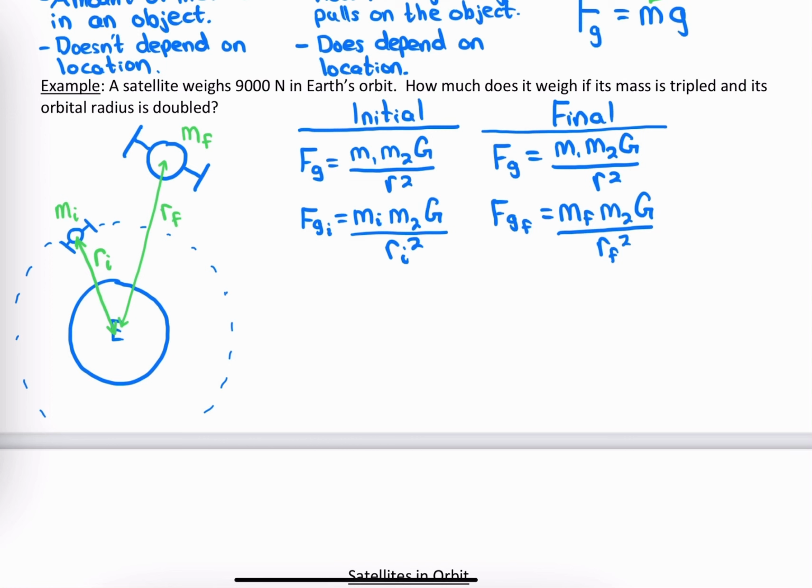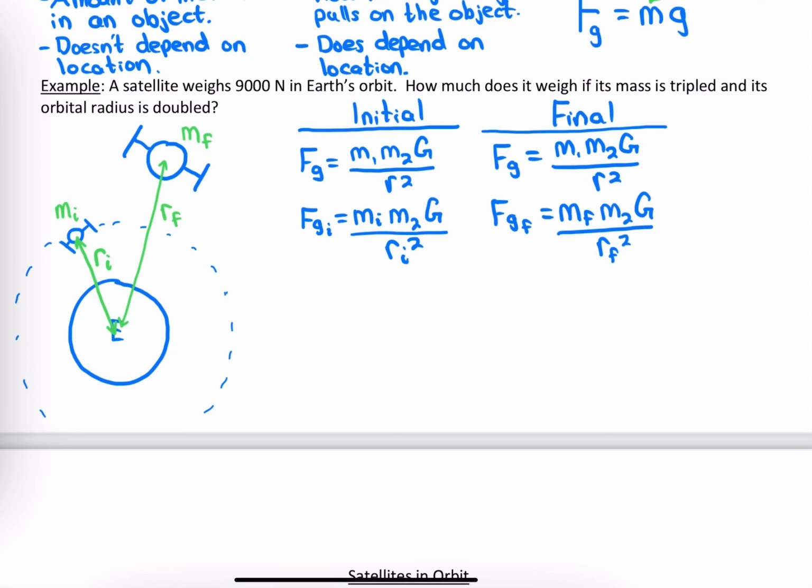One thing I notice is this new formula has mass final, whereas the old one has mass initial, and the new formula has R final, whereas the old one has R initial. Other than that, they look pretty similar. So if I could somehow get mass initial to show up over here and R initial to show up over here, these two formulas would start looking a little more similar.